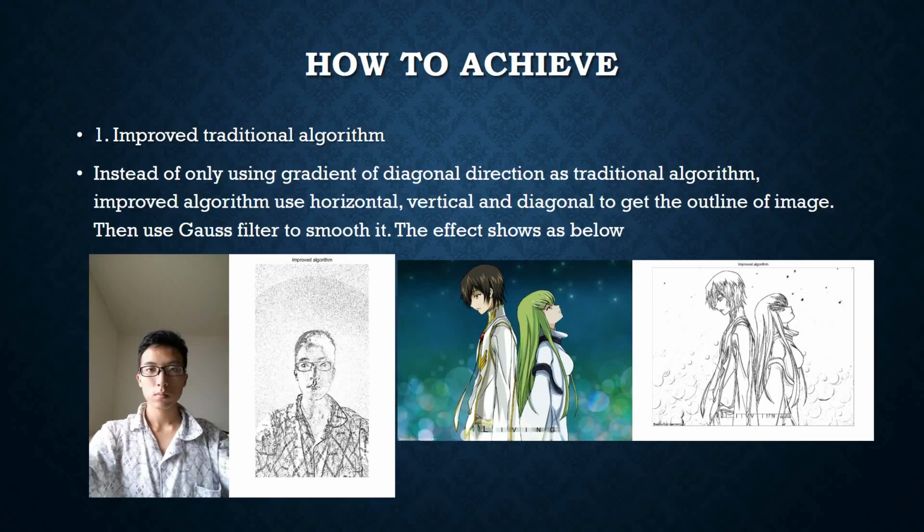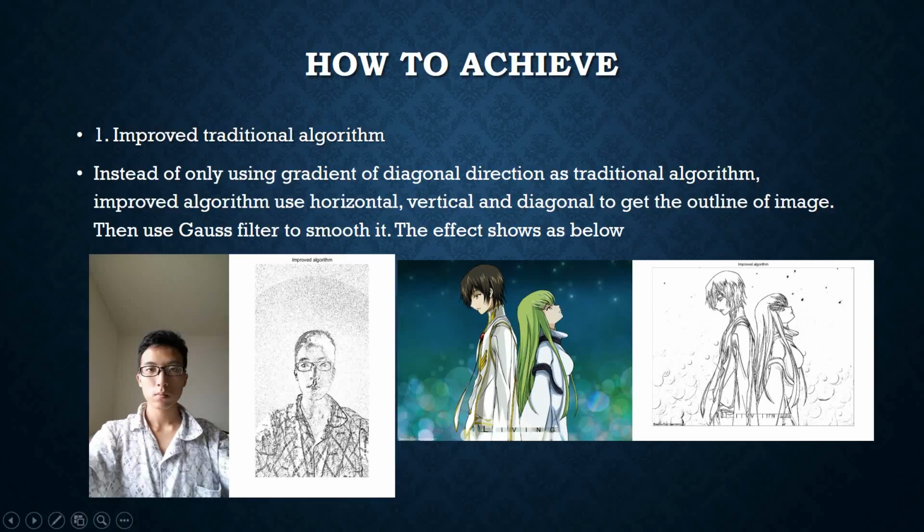And there are some problems. The first picture is my photo, and the sketch seems like there is a railing behind me, but actually the original photo doesn't have it. That's a problem. Maybe it's caused by a 3-dimensional picture, and it cannot handle it very well.